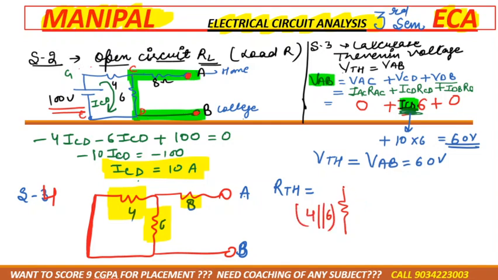So 4 parallel 6, and then 8 ohm. So RTH is how much? Now these two resistances, are they on the same path or on different paths?